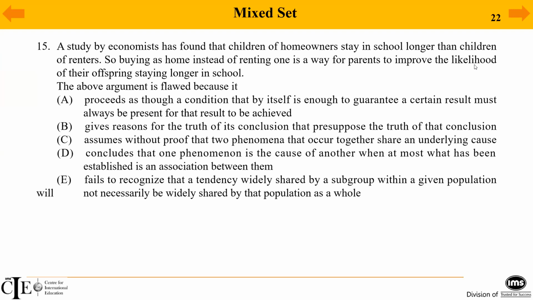The condition is homeowners stay longer in school than the renters, right? So having a home, having your own house is the condition. But does he say always that result is obtained by doing this? What is the result? Staying longer in the school. Does it always happen if you own a house? Is it enough?